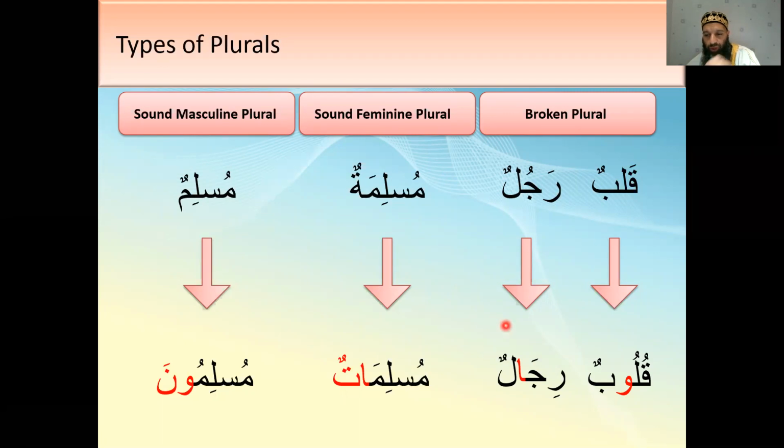So the question is, when would you use the word Muslim? When would you use the word Muslimatun? You don't have to use it because it's already written in the Quran. All you've got to be able to do is translate it. So you see Muslimatun, you know it's talking about a woman. You see Muslimun, you know it's talking about a man. The top words are all singular, and the plural of these is that.